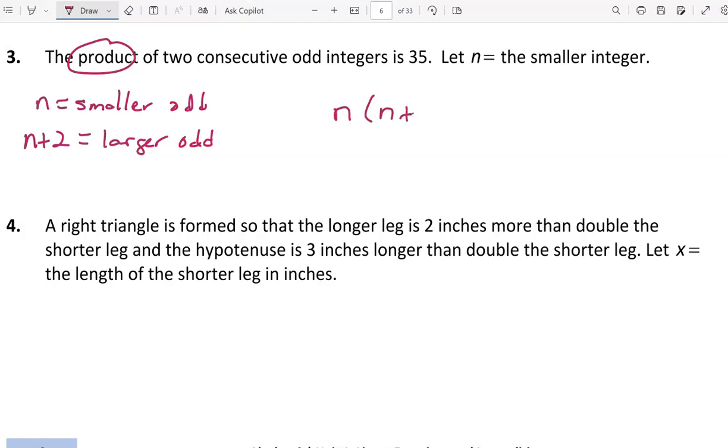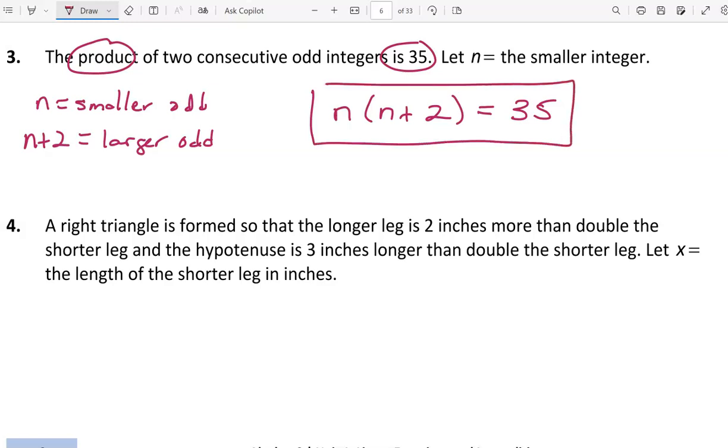So we need to multiply n times n plus 2. And again, we need to figure out what the value of that larger integer is. That's why we have those parentheses there, so that we can add 2 to figure out what that value is before we multiply it by n. Is 35 equals 35. So the product of those 2 integers equals 35.